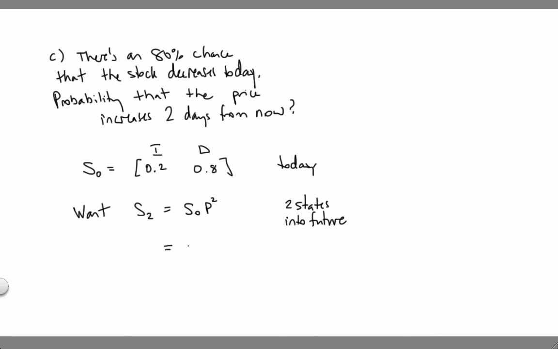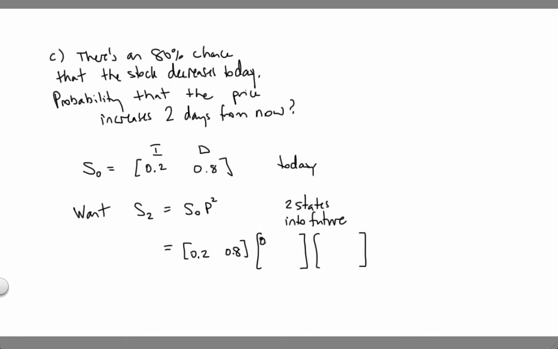All right, so let's do this calculation. So here's our S0. We need to multiply that by P and then by P again. So that's what we mean by P squared. Multiply P by itself, and then multiply by S0, in the order S0 times P times P. Okay, so let's put all our information in.